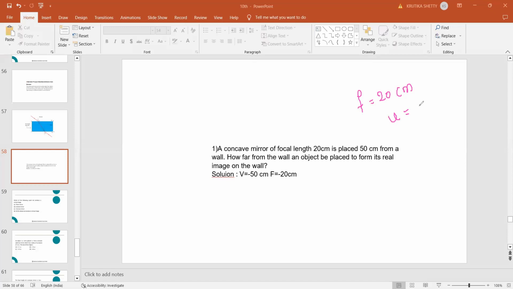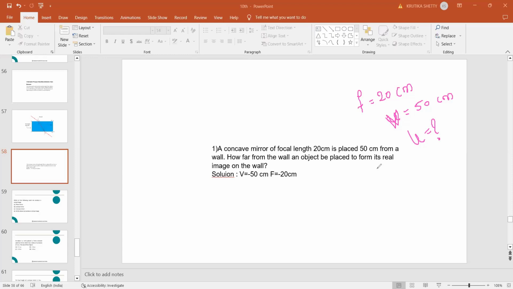It is 50 centimeter. Next, how far from the wall should an object be placed to form its real image on the screen? So the object distance we need to calculate. The image distance is given as 50 centimeter.